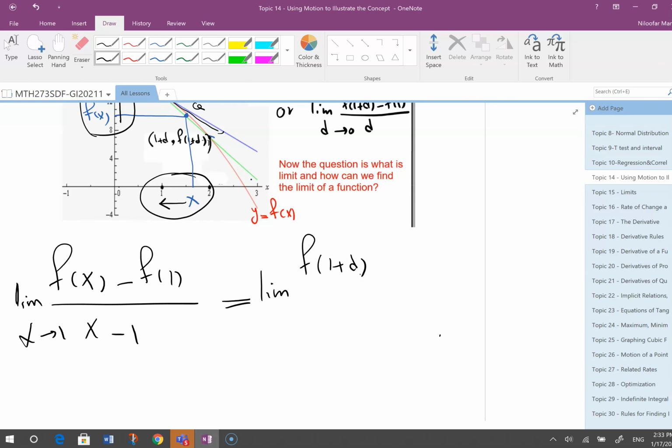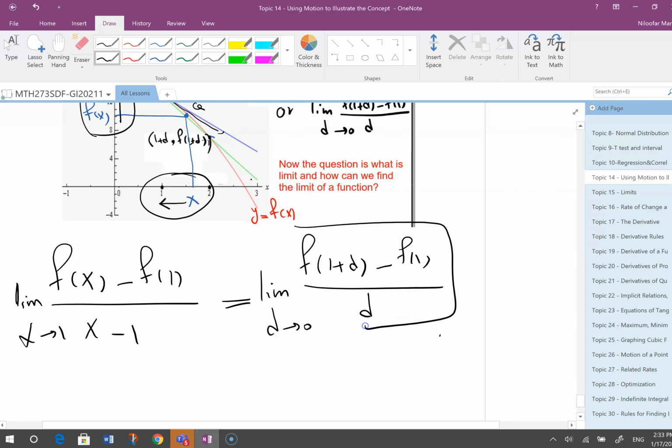Then f(1 plus d) minus f(1) divided by (1 plus d minus 1), which is just d, with d approaching 0. Instead of 1, I start from a little bit close to 1, and I find the slope of the second line, but then I approach d to 0.